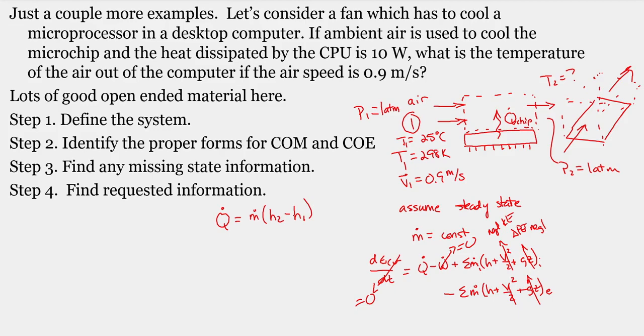It's a gas, so I'm going to invoke that convenient state relation, the ideal gas model, which says there's a direct relationship between the temperature of the gas and the enthalpy of the gas.